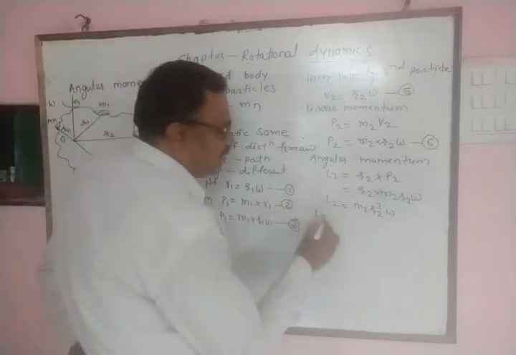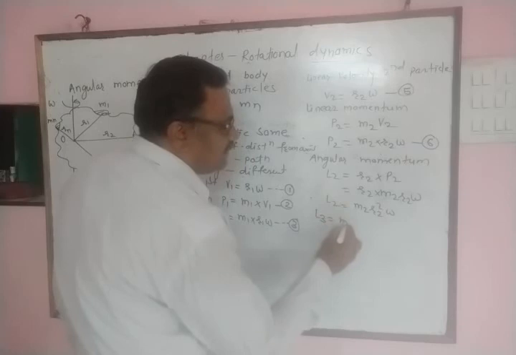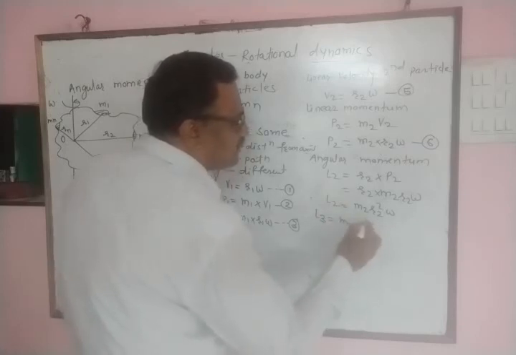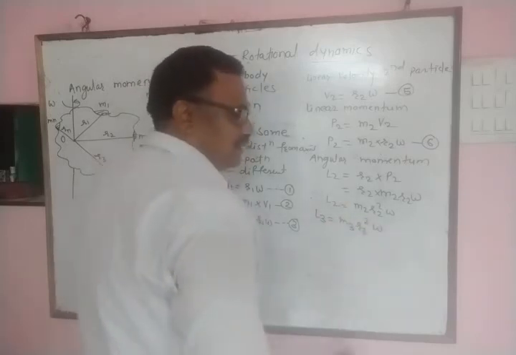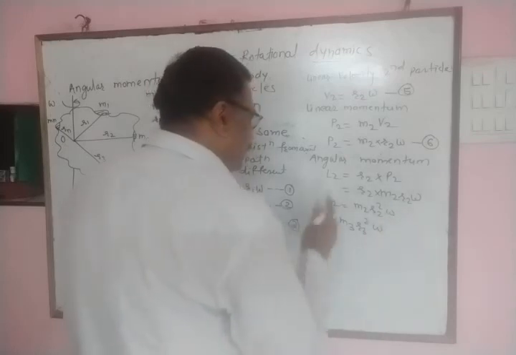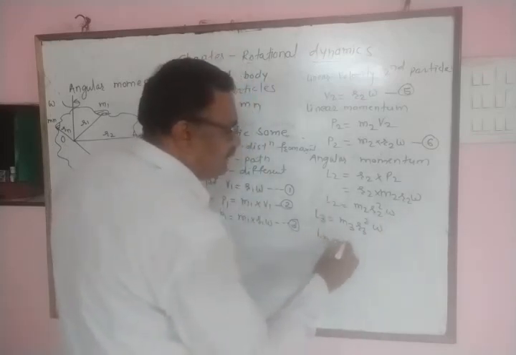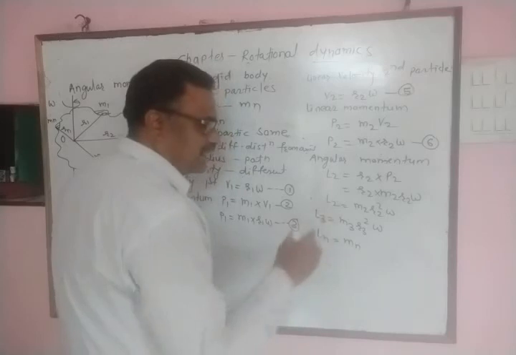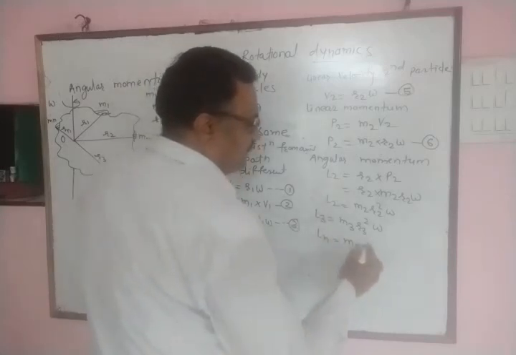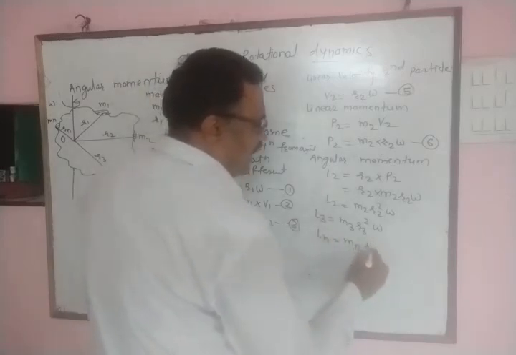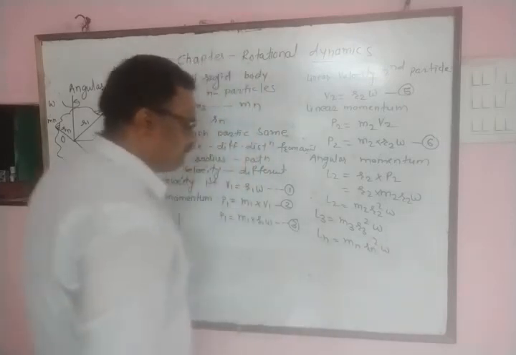Similarly, the angular momentum of the third particle is M3 R3 square omega. In this way, we can calculate the angular momentum of any particle. For the last particle, the expression is Mn Rn square omega.